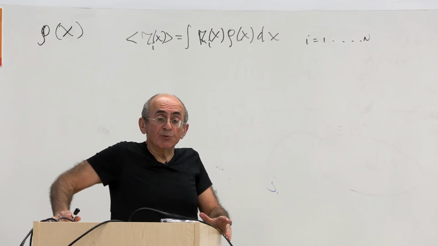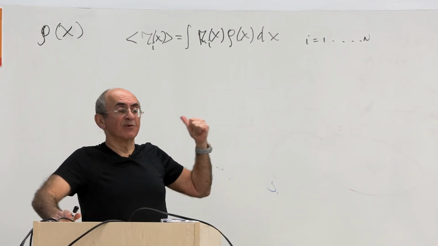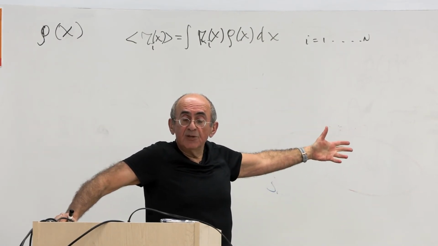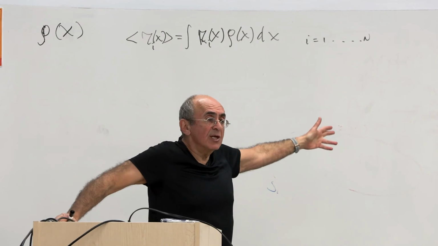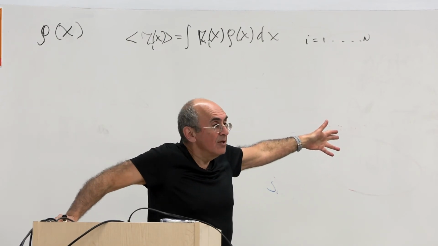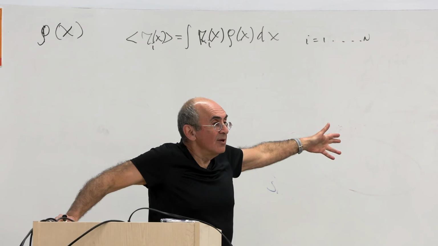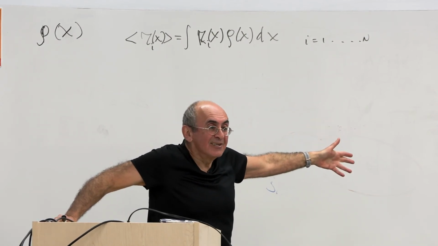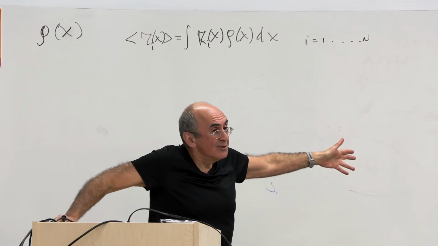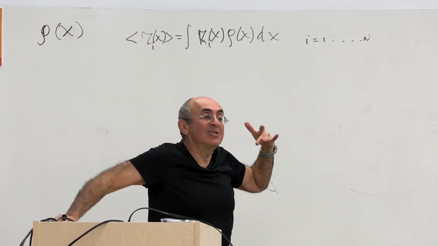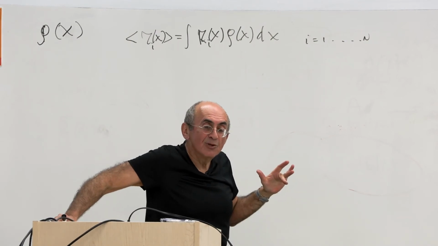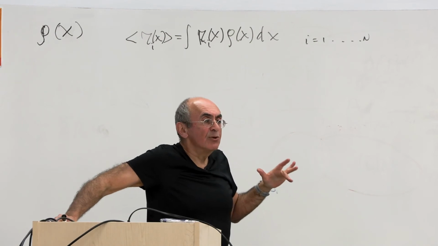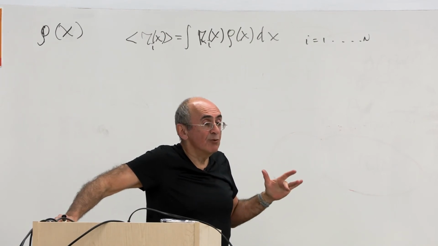This must be a distribution which would give me these values, which means that it contains the truth about my data. It must be the truth and nothing but the truth. So help me God. What does it mean, nothing but the truth? It means no other assumptions need to be made.